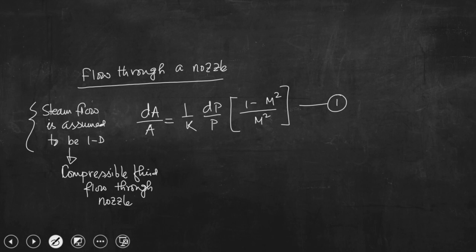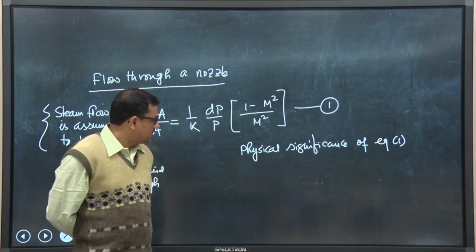Now, let us discuss today a few important points. We can draw a few important conclusions from this equation. First we discuss the physical significance of equation 1, because today we shall try to derive the expression of the mass flow rate through the nozzle, or through the convergent divergent channel.